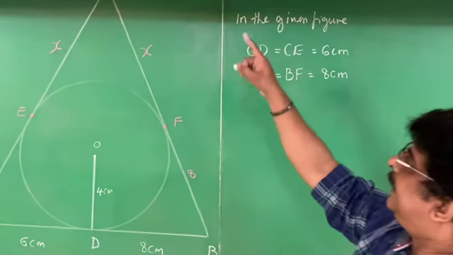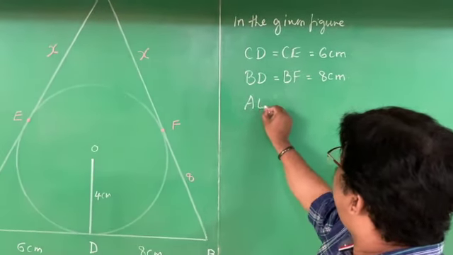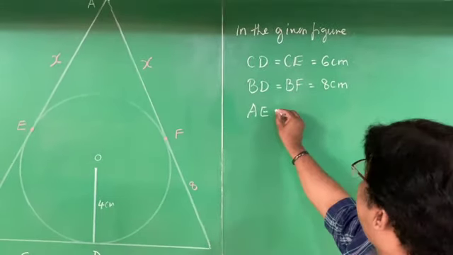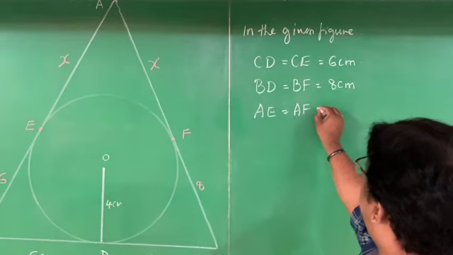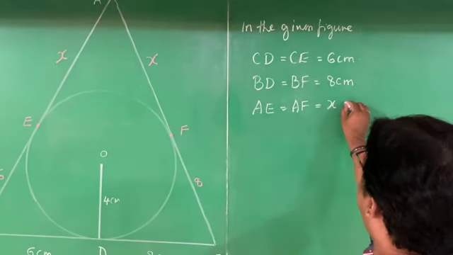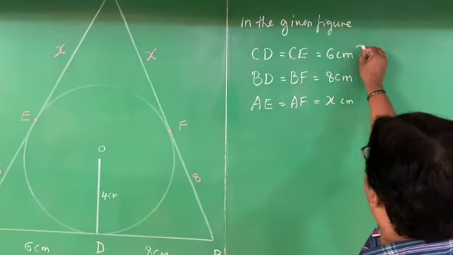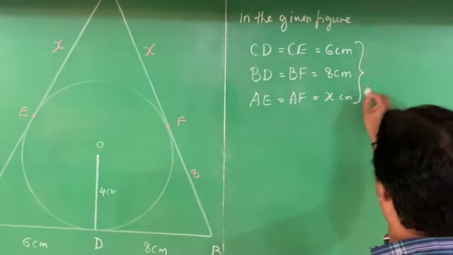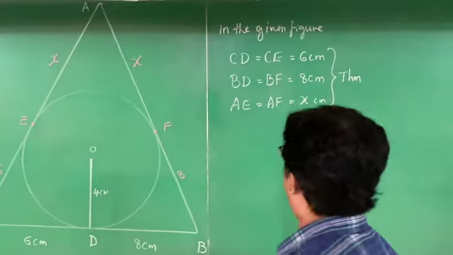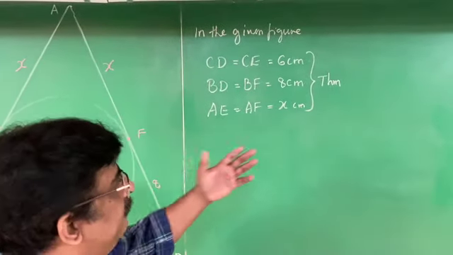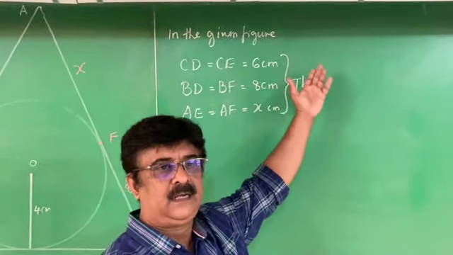Same way, AE is equal to AF is equal to, he has not given anything, I write this as x centimeter. This I got from the theorem. There is a scarcity of space, therefore I write only theorem. And you can even write lengths of the tangent drawn to a circle from an external point are equal.